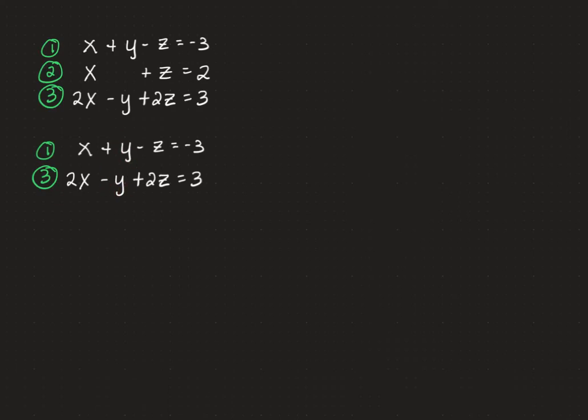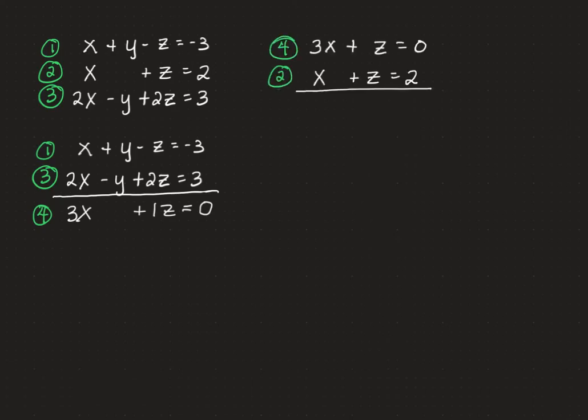We can simply add them as written. So we'll get 3x, y's add to be 0, and plus 1z equals -3, +3 equals 0. We now have our fourth equation. So let's combine equation number 4 with equation 2.